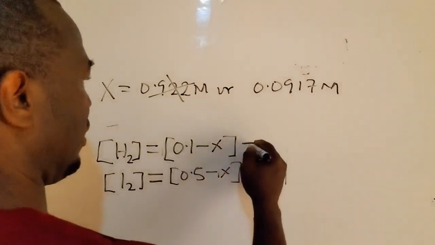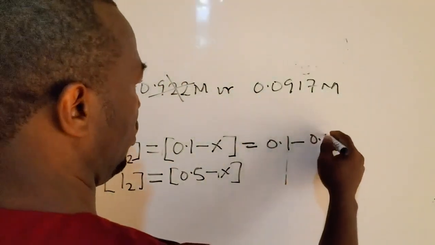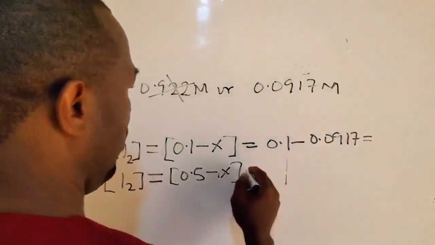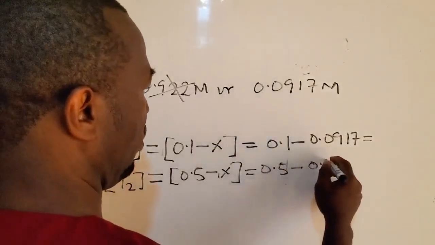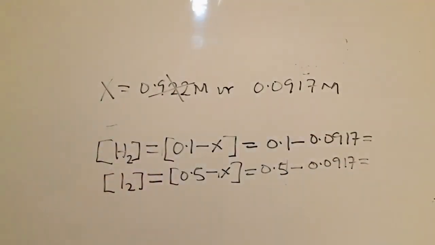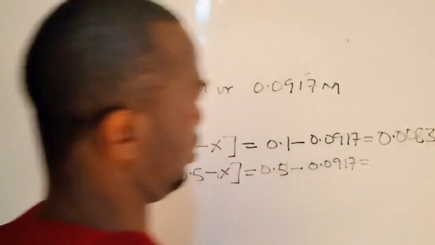So if I replace S with this, I have 0.1 minus 0.0917. For this one, I have 0.5 minus the same value of S, 0.0917. So when we subtract the first one, 0.1 minus 0.0917, I get 0.0083 mole per dm cube.